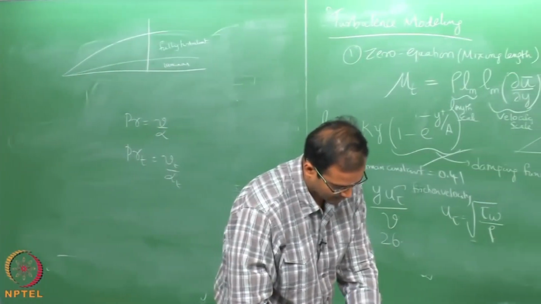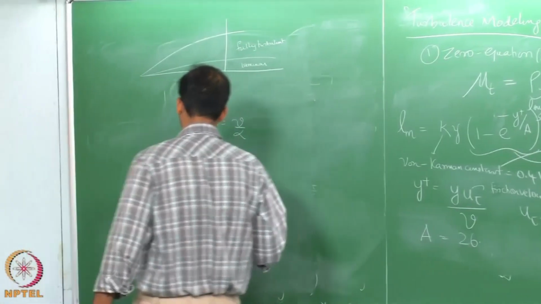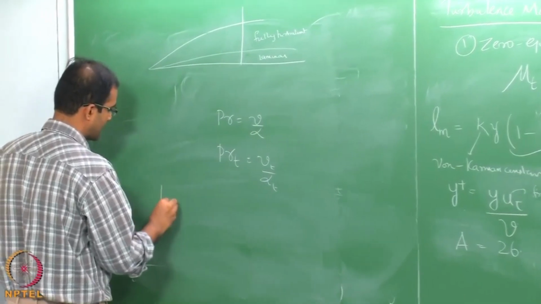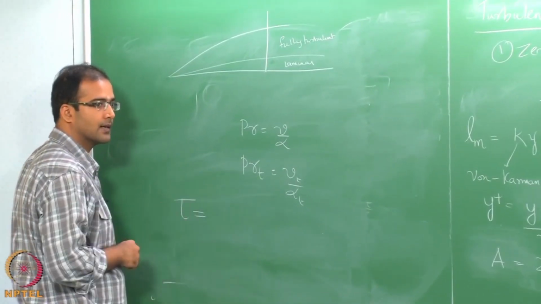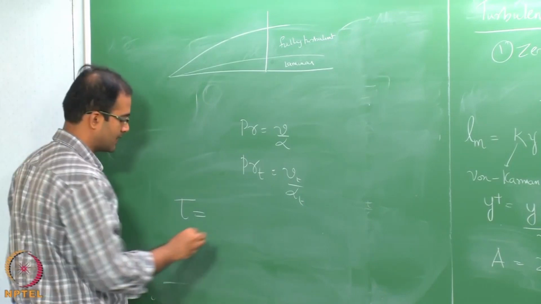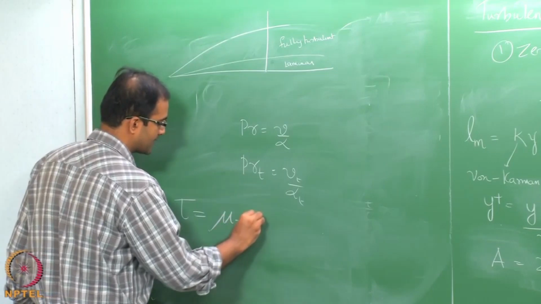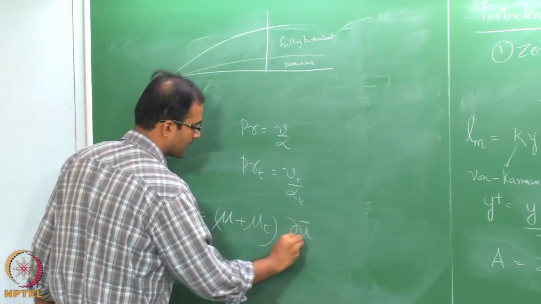Let us start with the Boussinesq hypothesis, which says that we can model the turbulent stresses by analogy with the molecular viscosity. So, we can write this as (mu plus mu t) into du by dy.